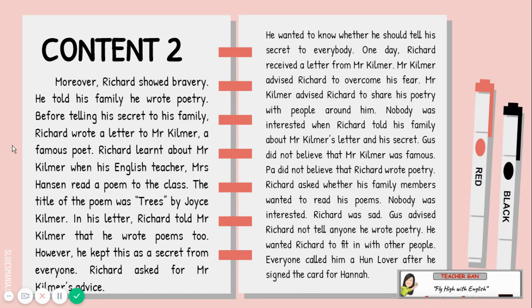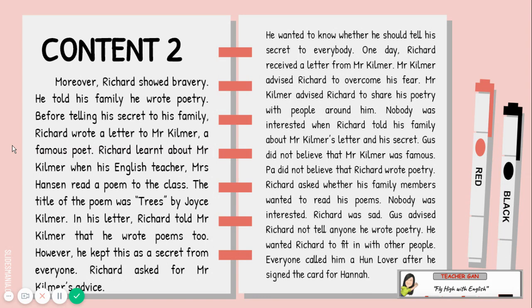One day, Richard received a letter from Mr. Kilmer. Mr. Kilmer advised Richard to overcome his fear. Mr. Kilmer advised Richard to share his poetry with people around him. Nobody was interested when Richard told his family about Mr. Kilmer's letter and his secret. Gus did not believe that Mr. Kilmer was famous. Pa did not believe that Richard wrote poetry.